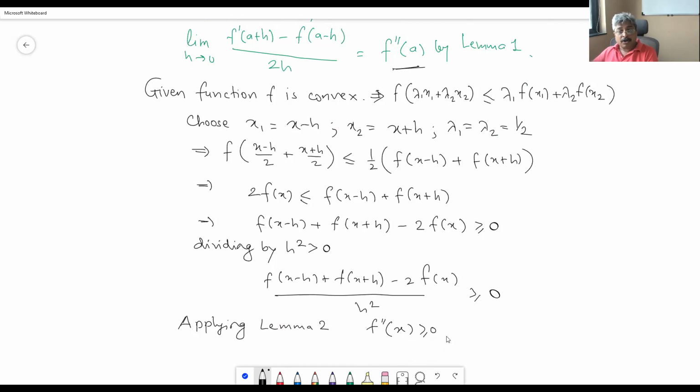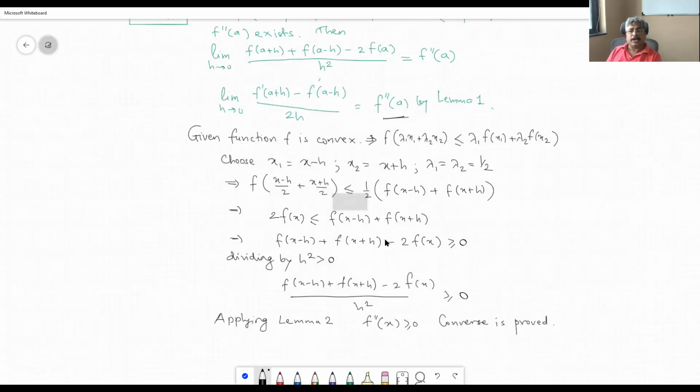So we have proved the converse. Any questions you can ask now if you have not understood any step? Little long, but it is okay. We get a wonderful result. f double dash of x is greater than or equal to 0. Function is convex, then f double dash of x is greater than or equal to 0.